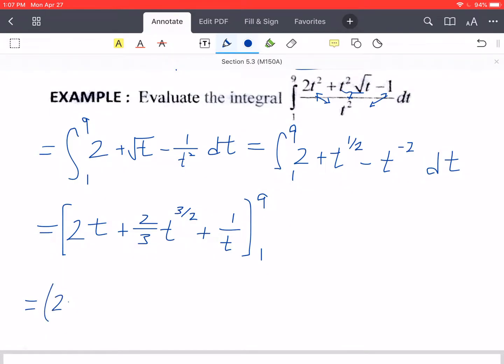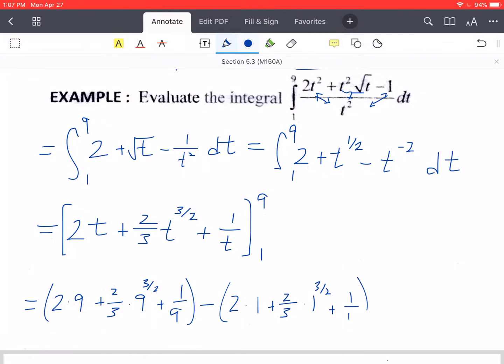So that's going to be 2 times 9 plus 2/3 times 9 to the 3/2 plus 1/9, minus 2 times 1 plus 2/3 times 1 to the 3/2 plus 1 over 1.